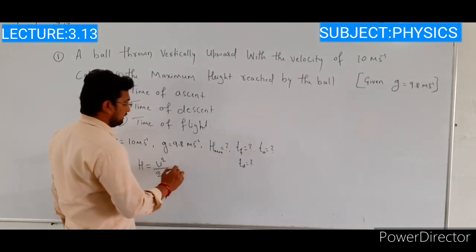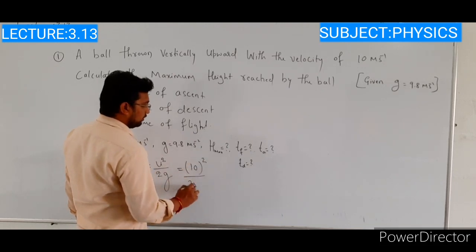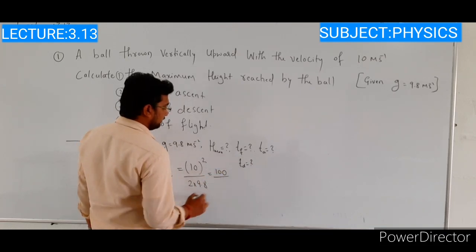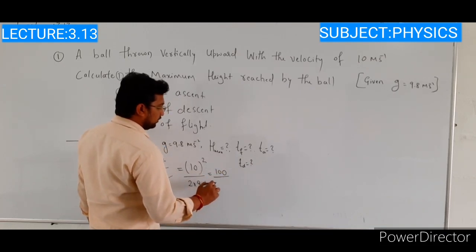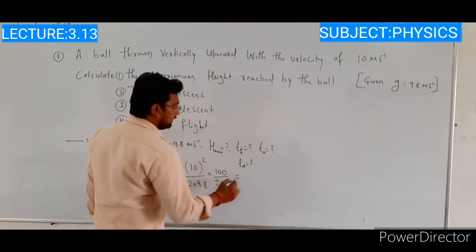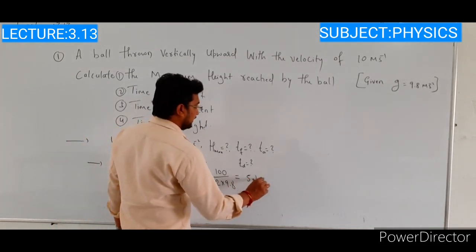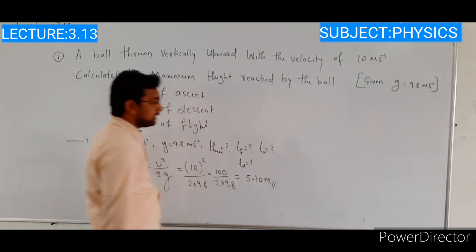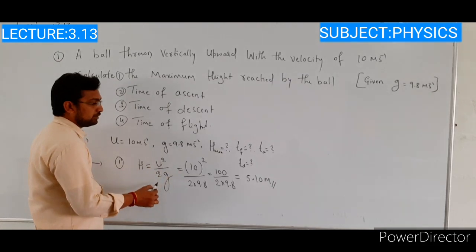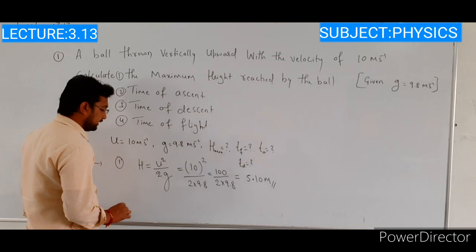Here u value is given, so that is 10 square divided by 2 into 9.8, which is 100 divided by 2 into 9.8. Simplify this one, you will get the answer 5.10 meter. So this is the maximum height reached by the ball.